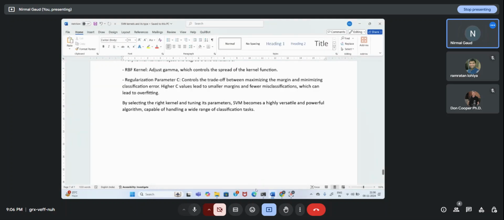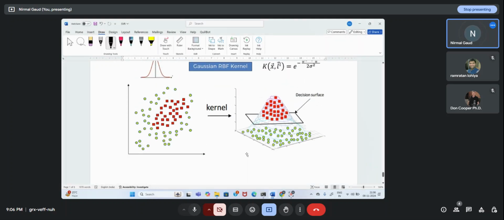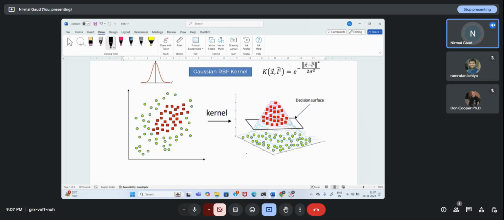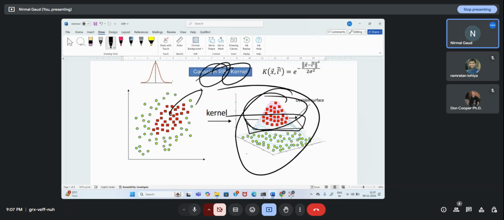We applied the Gaussian RBF kernel. So these points are projected over the surface, and this will be the decision surface. In terms of regression, data points are distributed like this. I will take the data points from 2D to 3D. Don't consider classifier in case of regression; you say that the data points are just projected onto 3D.